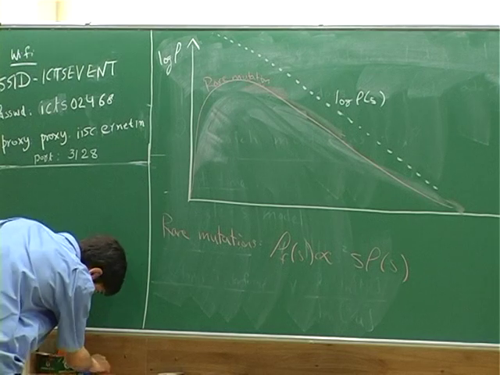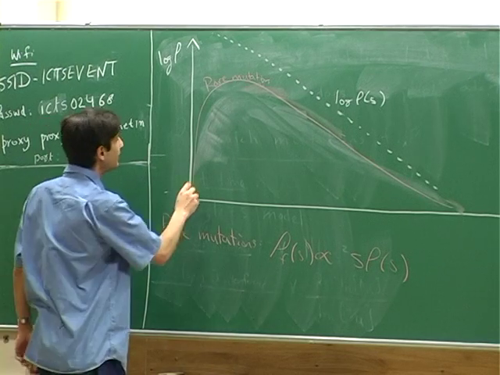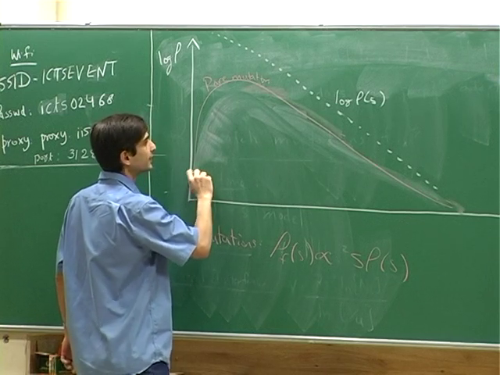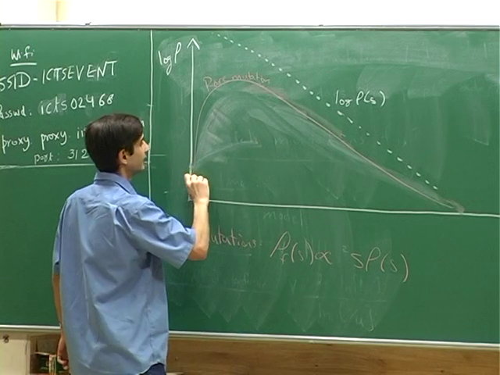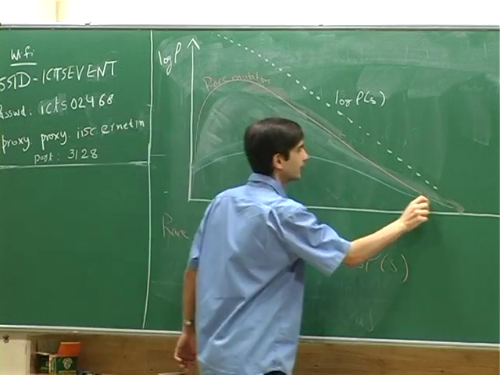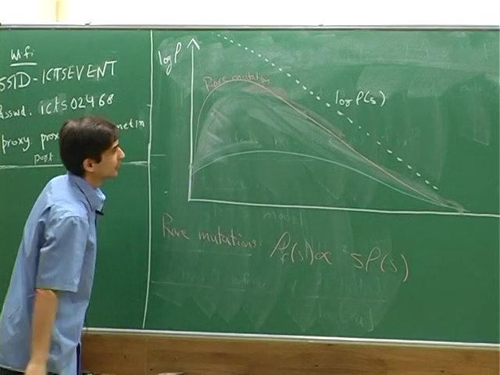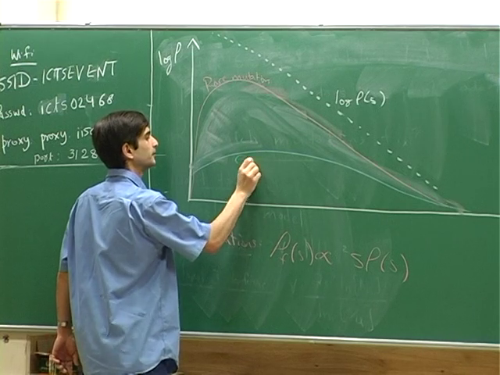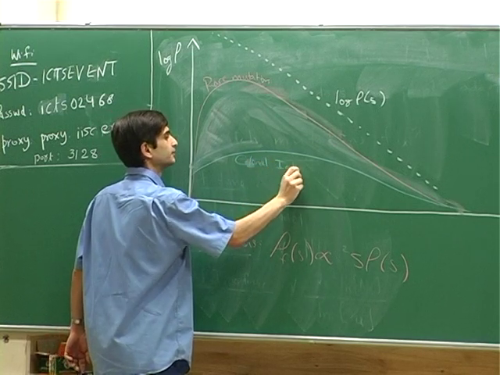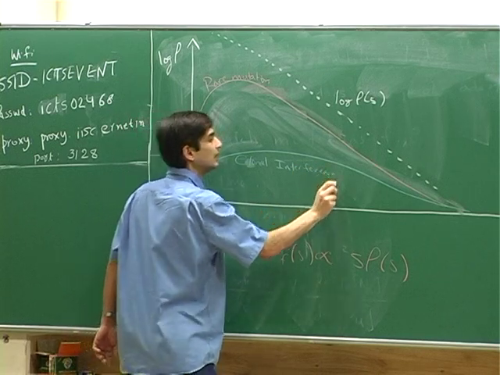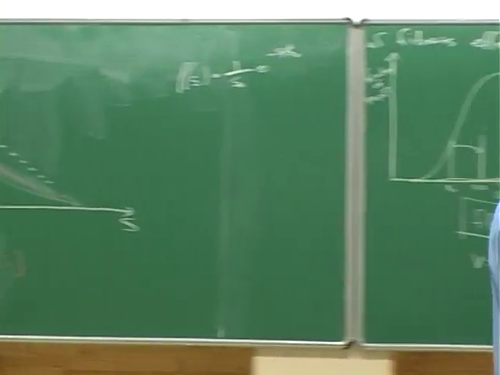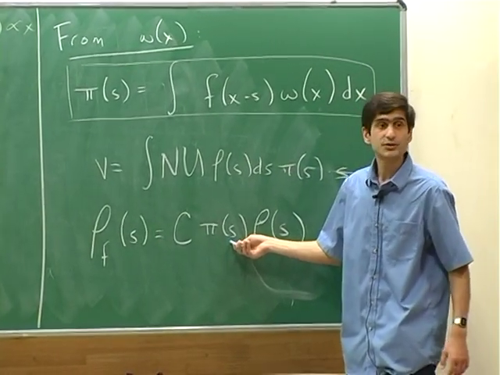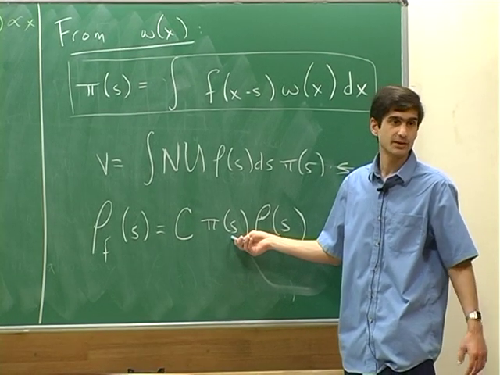And then when mutations get common, what will happen is we'll fix more like this. Because intuitively, rather than this being proportional to S, this is now going to much more strongly cut off the weakly beneficial mutations.